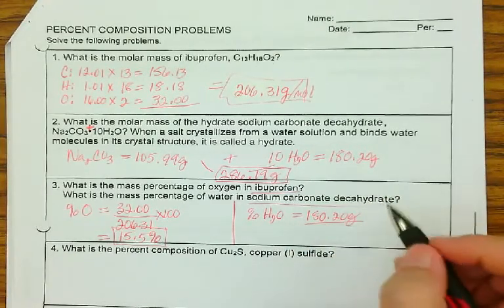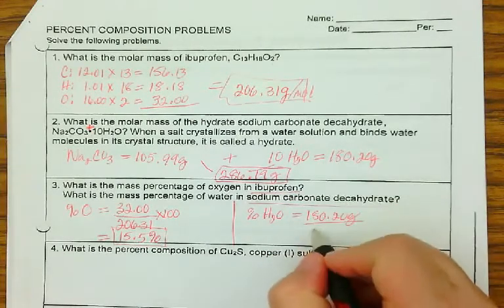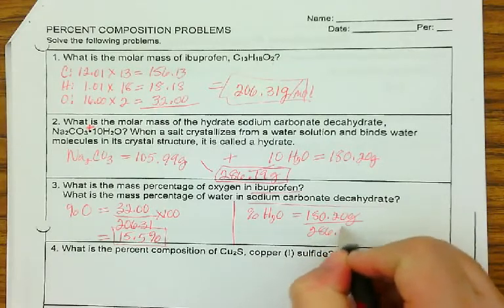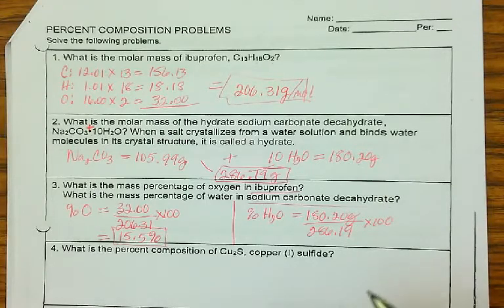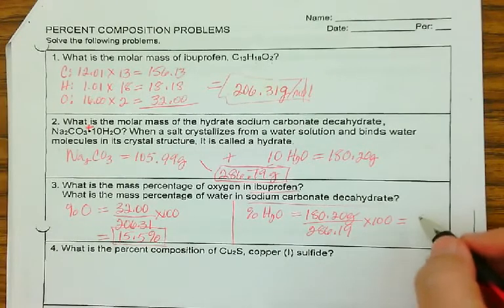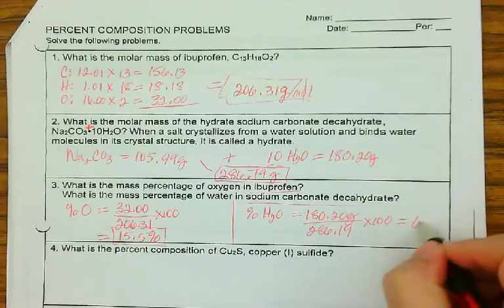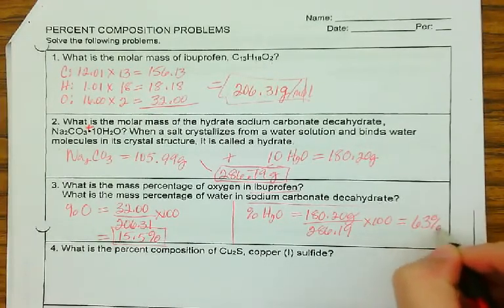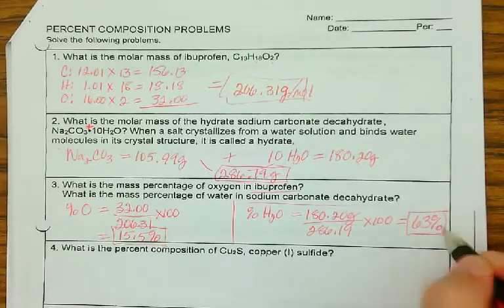And the total mass of the hydrate was 286.19. And again, times 100. That's going to give us a final answer of about 62.97%. Okay, so approximately 63% for this step.